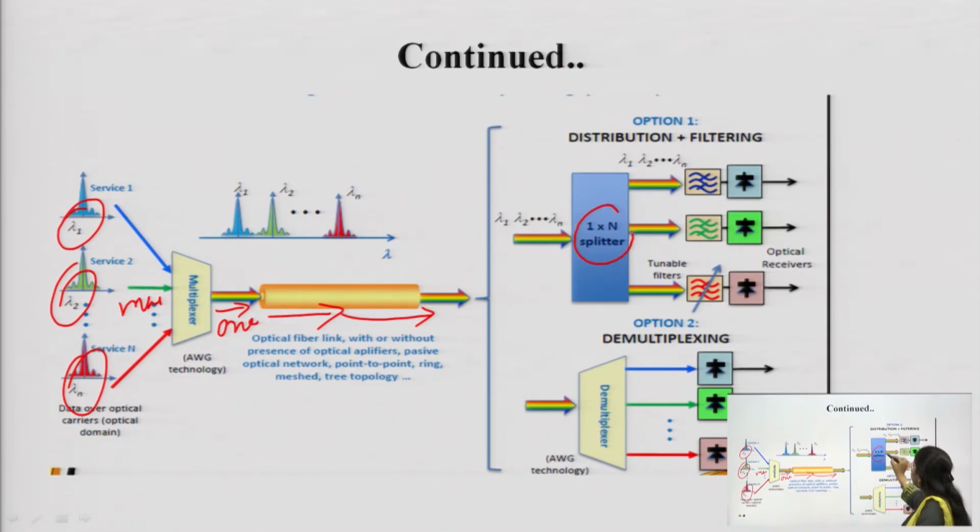Either we can use a splitter or we can use a demultiplexer so as to convert the one signal which is carried by the light into a number of signals.